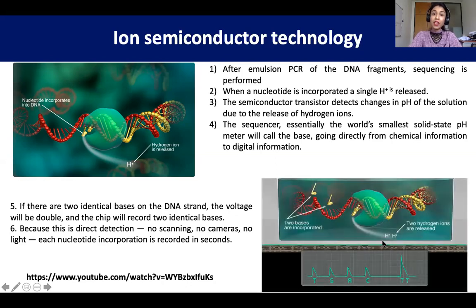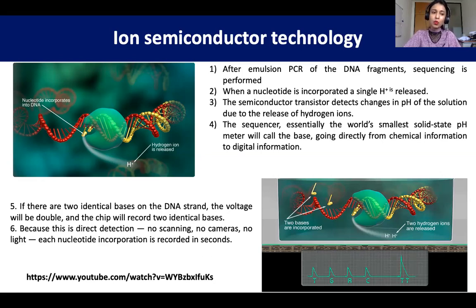And if you have, let's say, two exactly the same nucleotides right beside each other, like for instance, shown here, let's say you have two T's one after another, and you have these identical bases.